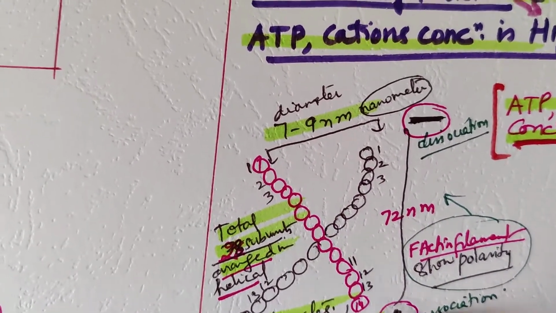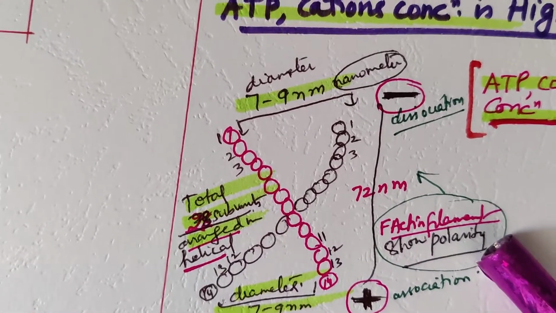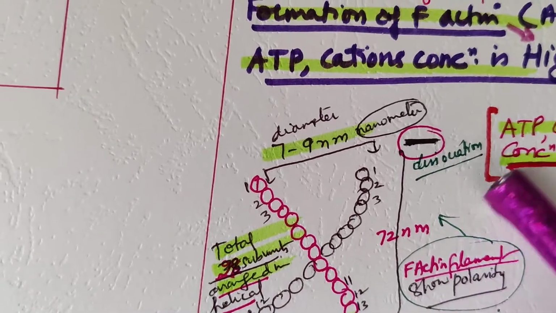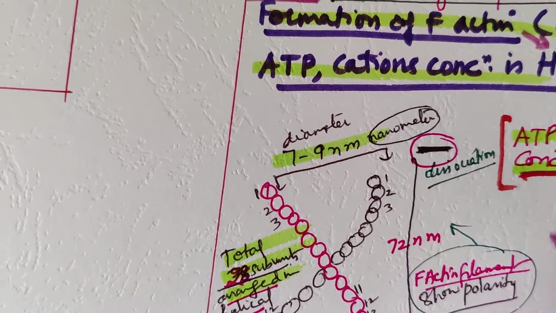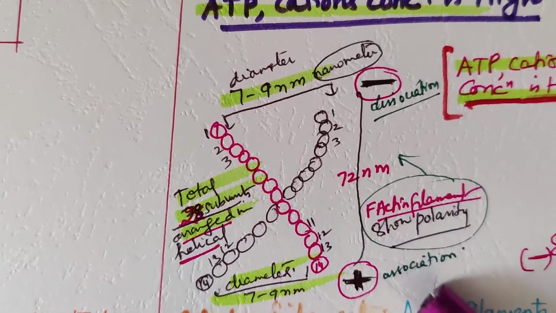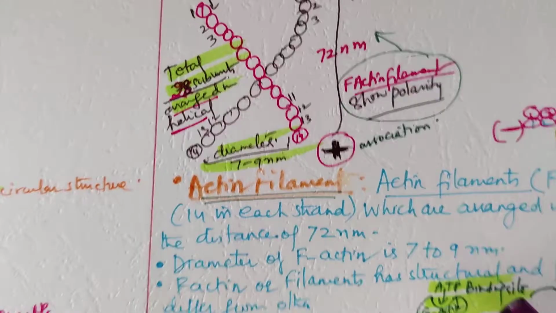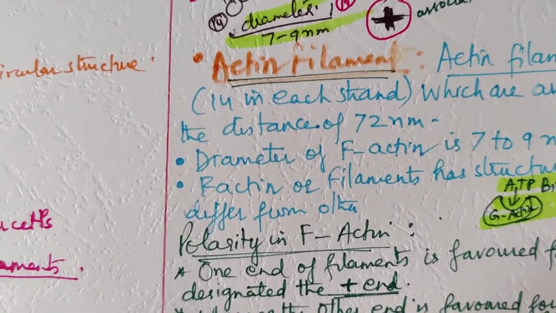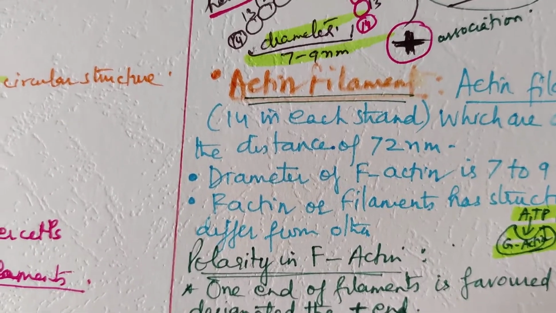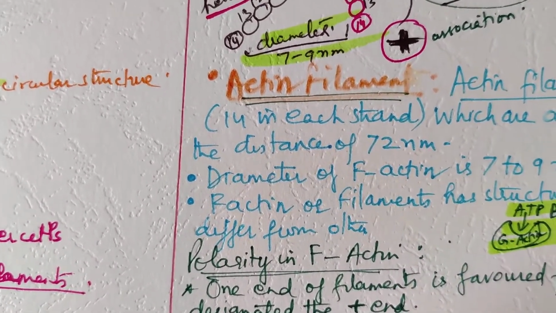F-actin filament shows polarity, negative and positive. The negative end shows dissociation, whereas the positive end shows association. The F-actin filament contains 28 units, 14 in each strand, arranged in a helical structure covering the distance of 72 nm.